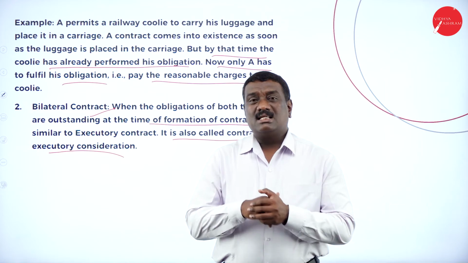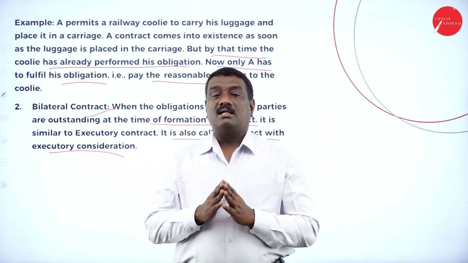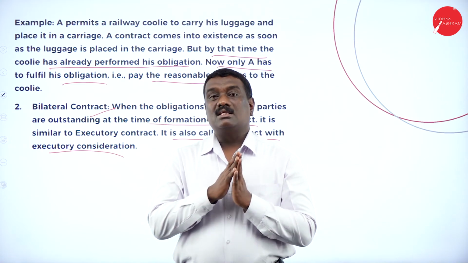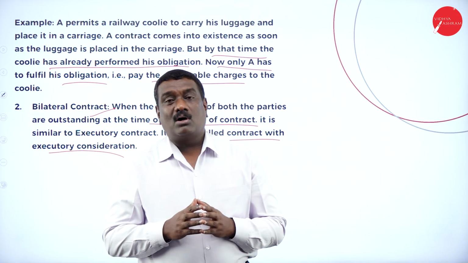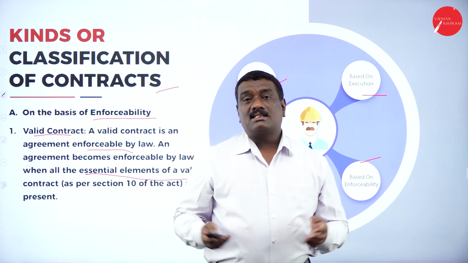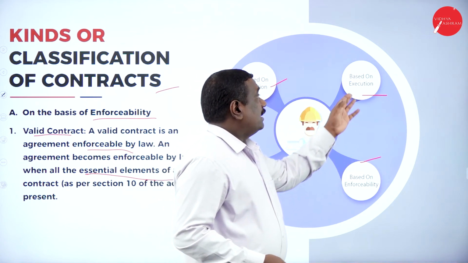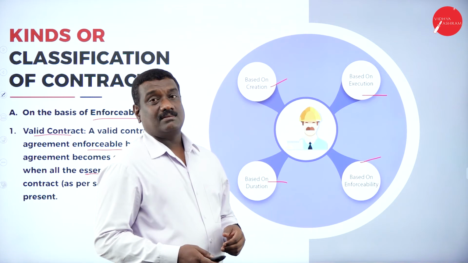Now I'll just summarize the topics which I covered today in this session. I explained to you about the classification of contracts. The classification of contracts is based upon execution, enforceability, duration and creation.